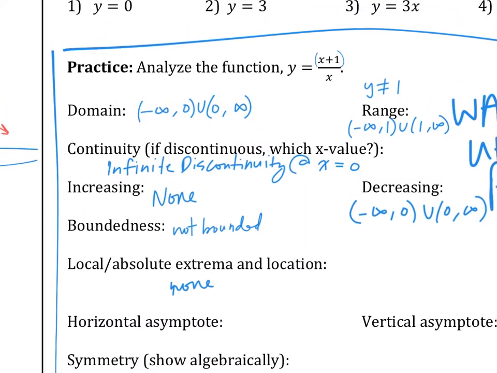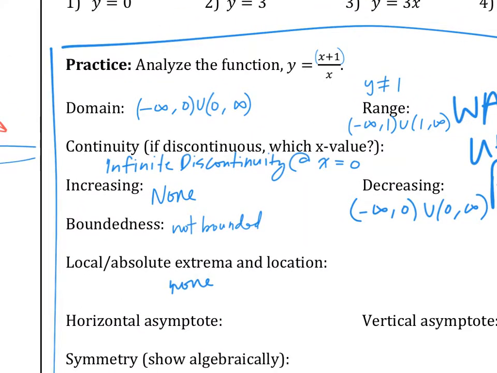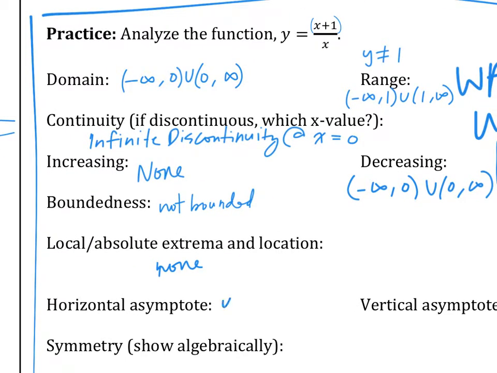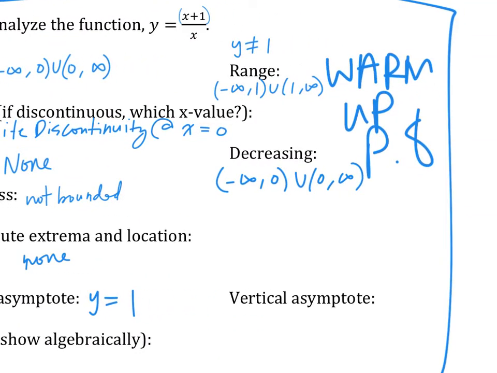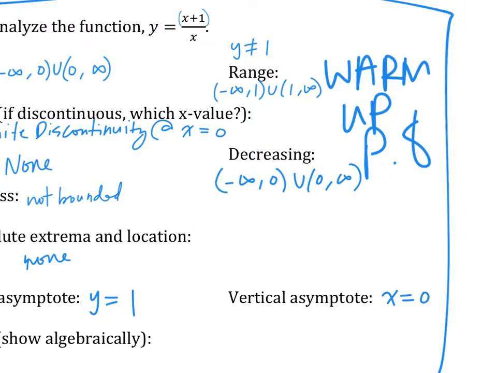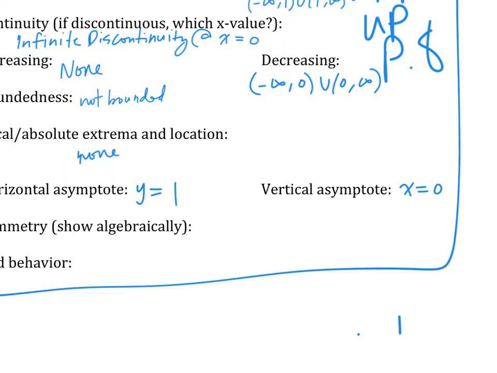Look at the function. Y equals 1. Yes. Okay, Andy, vertical asymptote. Equal to 0. Yes. Okay, Sally, symmetry.